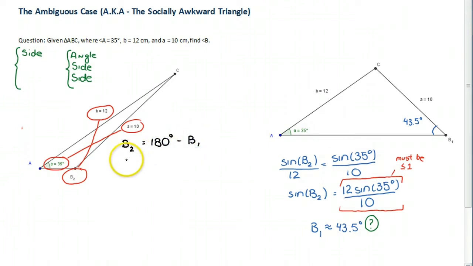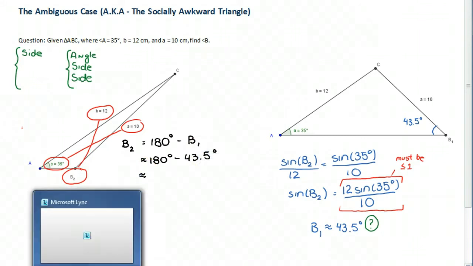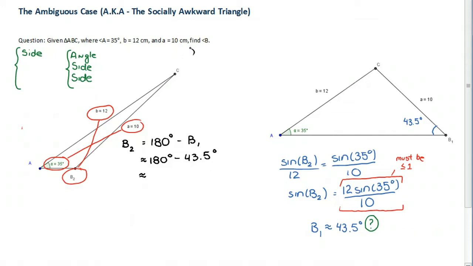So B2 is actually going to be approximately 180 degrees minus 43.5 degrees. And that gets us the value of about 136.5 degrees.